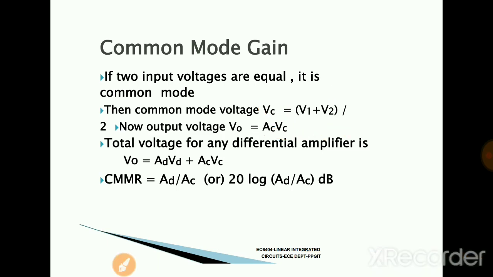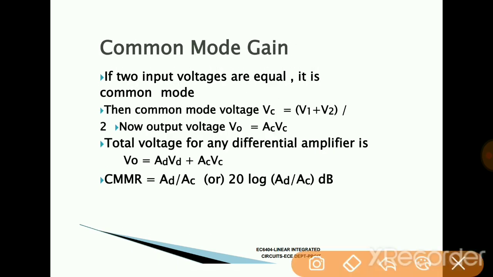This common mode voltage VC will have an extra impact on the output voltage V0. The output voltage V0 will be equal to AC into VC, where AC is called the common mode gain.